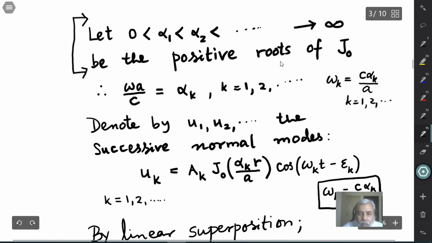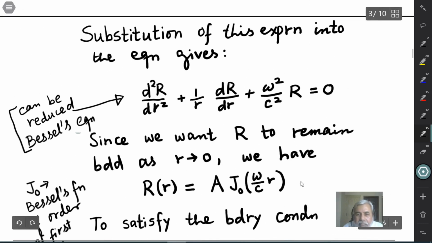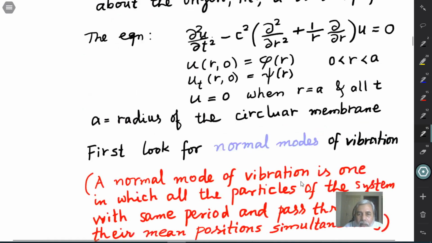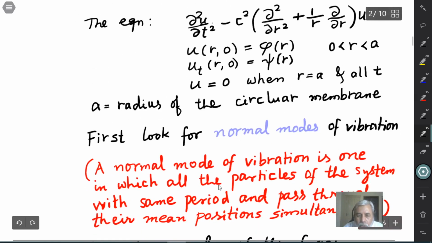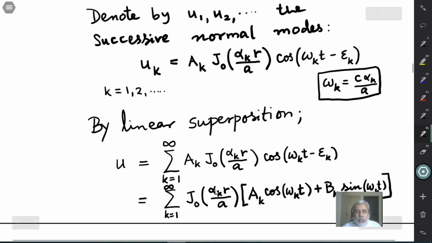Now you denote this by u1, u2, uk, all these successive normal modes, k equal to 1, 2, etc. So uk is ak J0 alpha k r by a cos omega t minus epsilon k, where the ak's are arbitrary constants. Since this is a linear equation, we can use the principle of superposition.